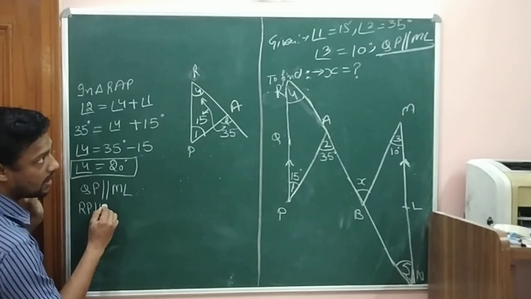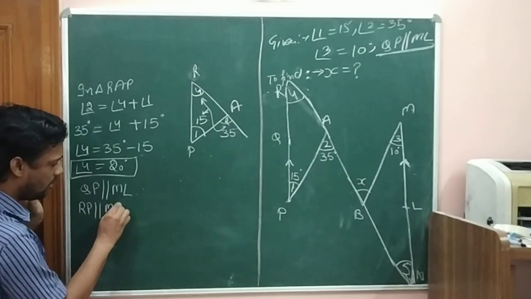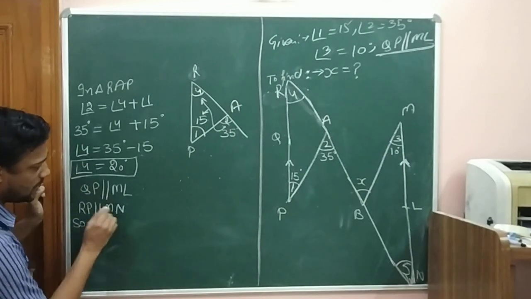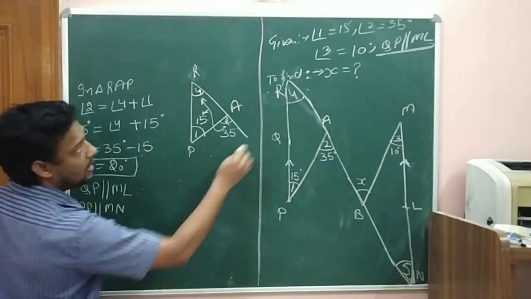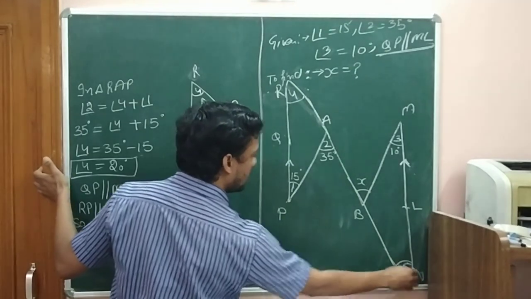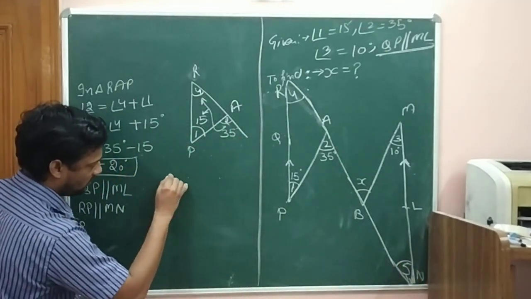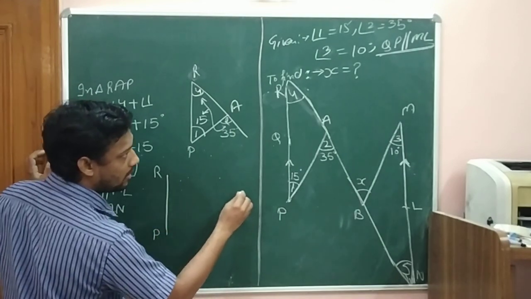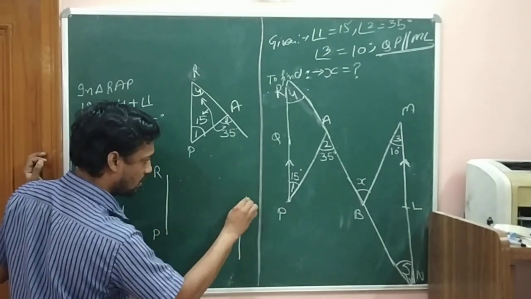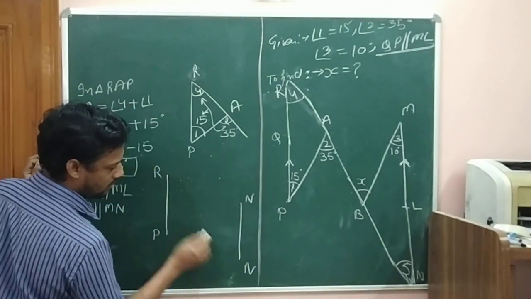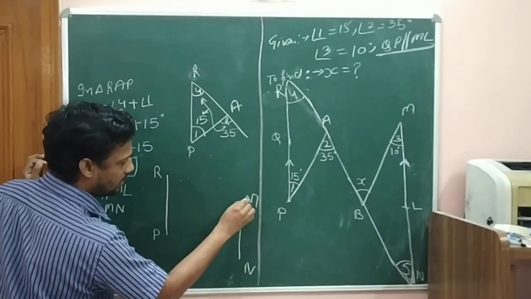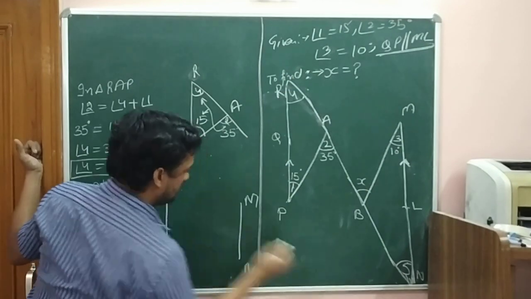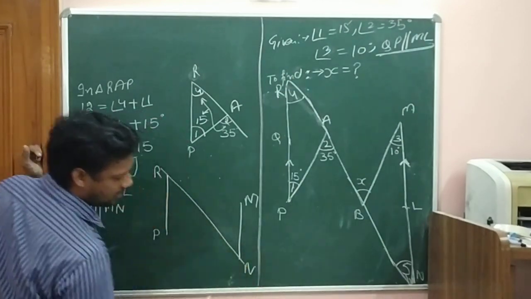Here is RP line, here is MN line. And RN is a transversal line.